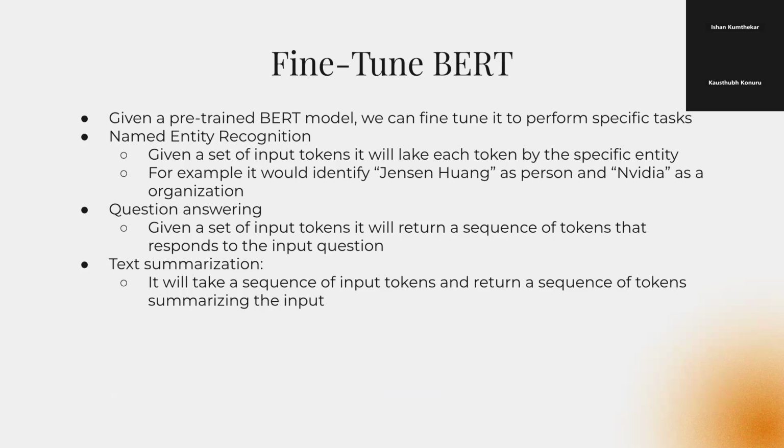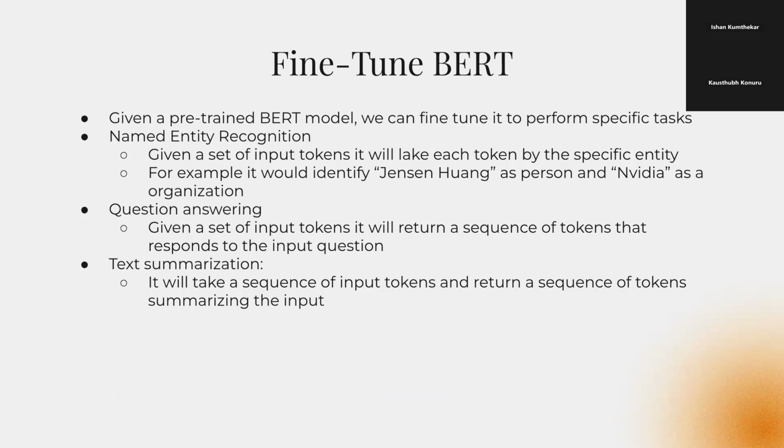Once you have a pre-trained BERT, you can download the model weights from Hugging Face or any of these machine learning repositories, and fine-tune them to perform some downstream task. One task is named entity recognition, where we are given a set of input tokens and it labels each token with its specific entity. For example, it would identify Jensen Huang in a sentence as a person and NVIDIA as an organization.